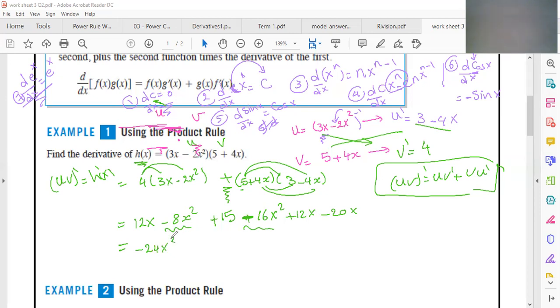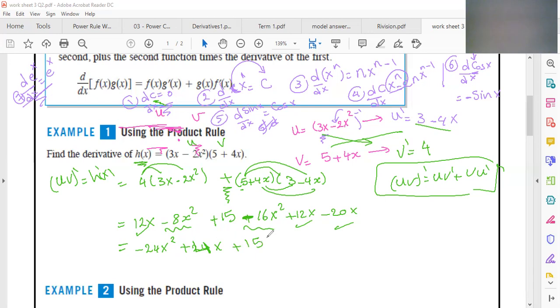I add the coefficients only. Linear with linear: 24x minus 20x, it will be 4x. I'm sorry, I forgot this one. No problem. Then here it will be plus 15.